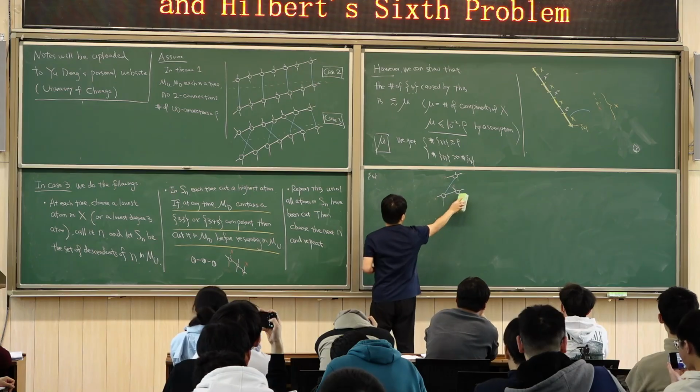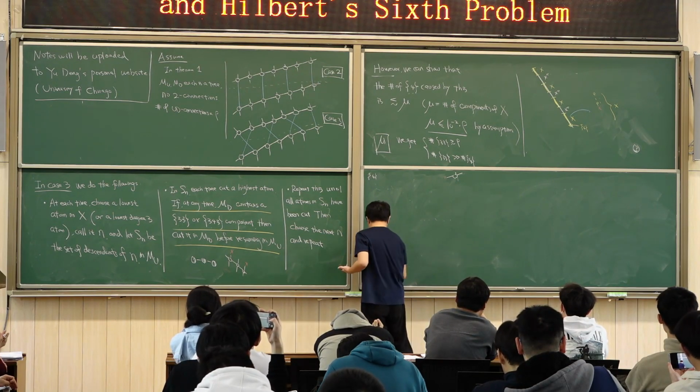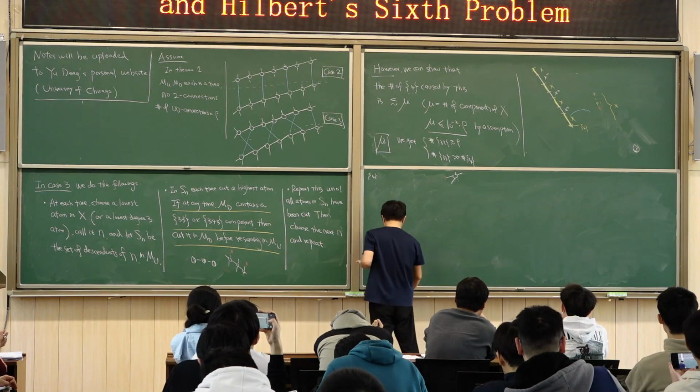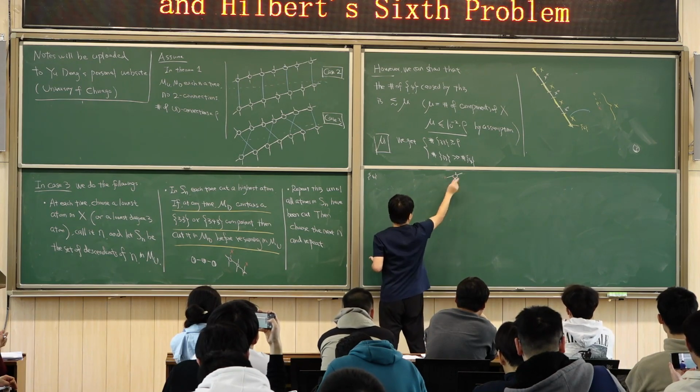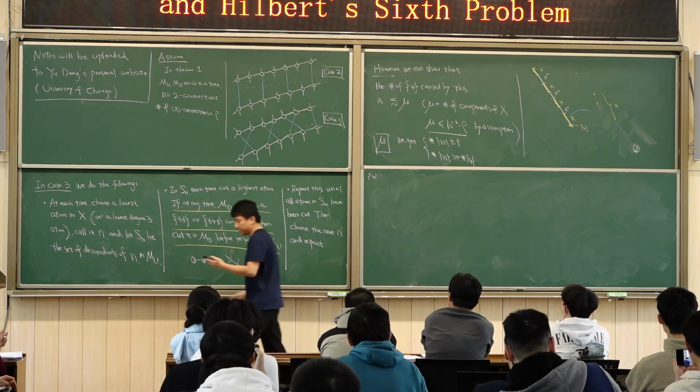Now this is a 3, 3 that happens. Remove it, and then you have degree 2, and you finally cut it to finish the whole picture.